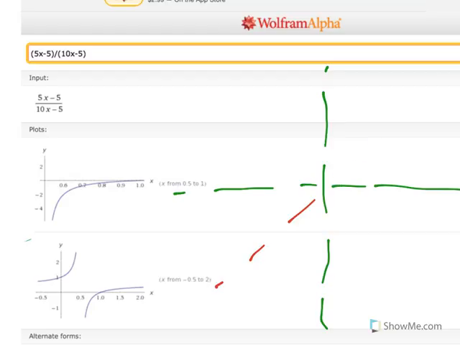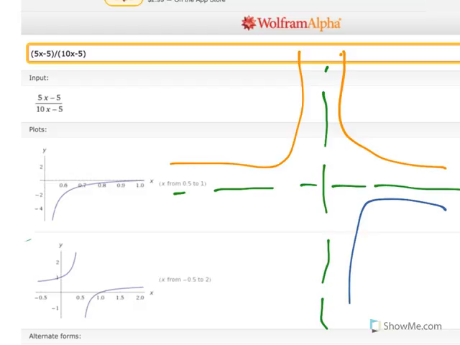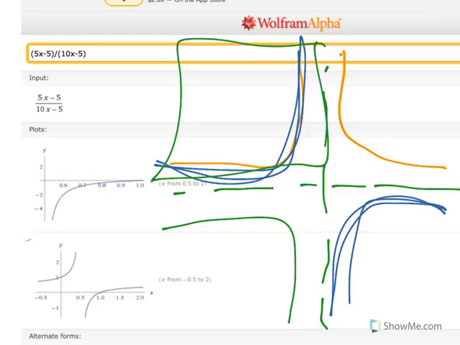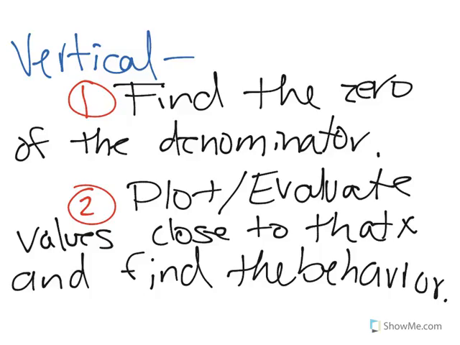But if you were to have these two as your vertical and horizontal asymptote, you could possibly have something like this and something like this, or maybe something like this and something like this, or in many different ways. There is no one specific. As you can see here, we have this one right here and this one right here, but you could have almost any quadrant, if you want to think of this as a quadrant.